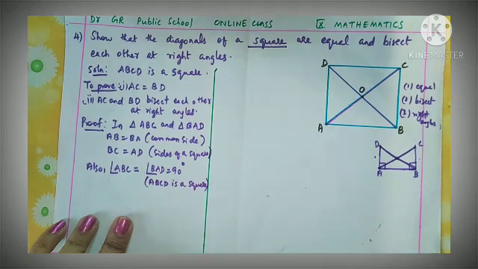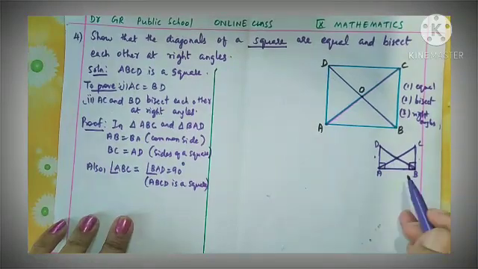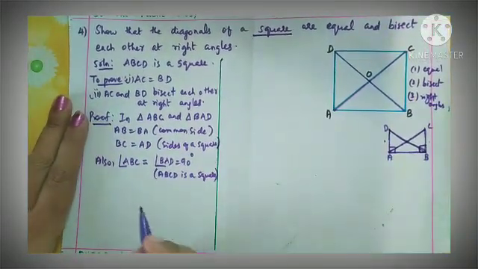So thus what did we get? AB equal to BA, BC equal to AD, and this angle equal. So what is this angle? When AB is equal and BC equal to AD, this angle is the included angle. So since the included angle comes, we can apply the SAS congruence rule.